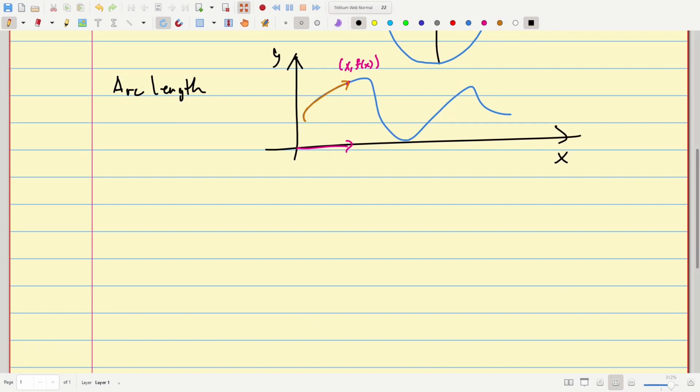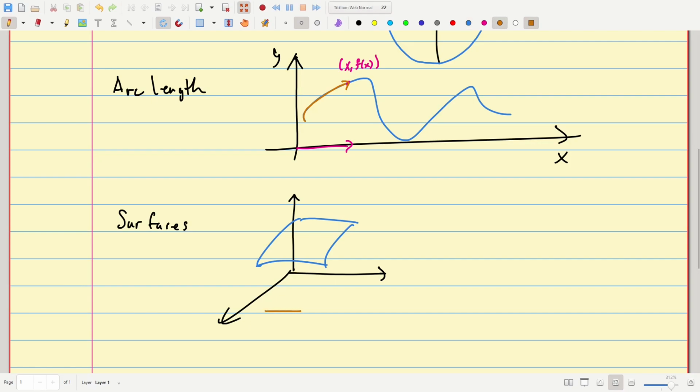Okay, we've talked very recently about spheres and cylinders, and we also have an idea where maybe we want to think about what we're doing on some kind of surface. Now, down here, this just looks like a rectangle in the x and y domain.